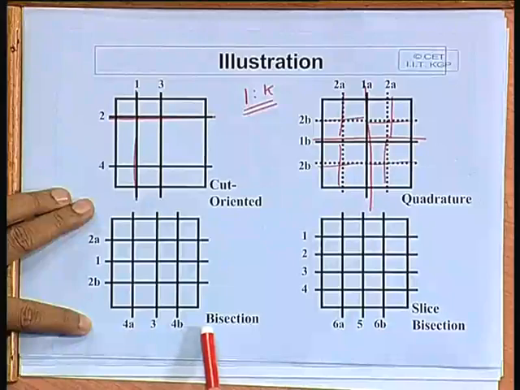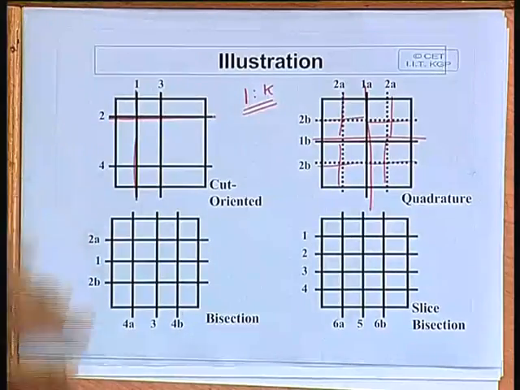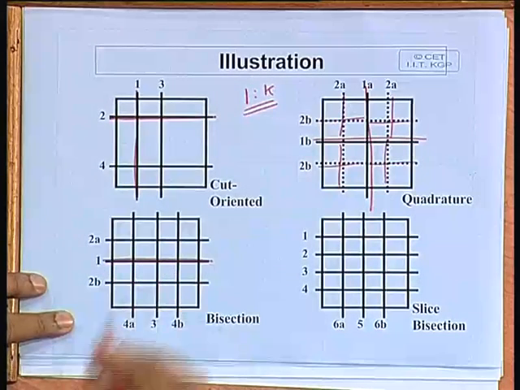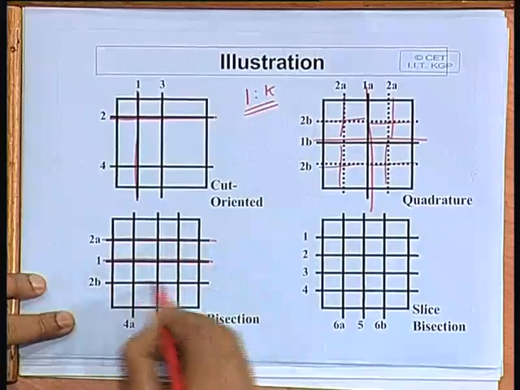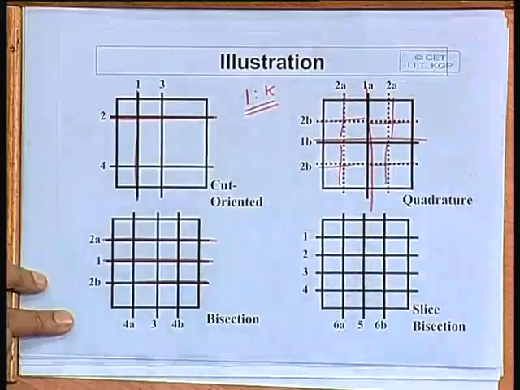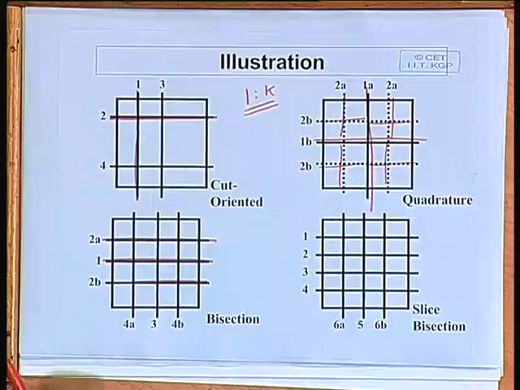Like you see in the method of bisection, they do like this. First you cut like this, then you cut like this, then you cut each of these into half. First you slice using horizontal lines. This you continue until each horizontal slice is sufficient to hold one row of the standard cell.